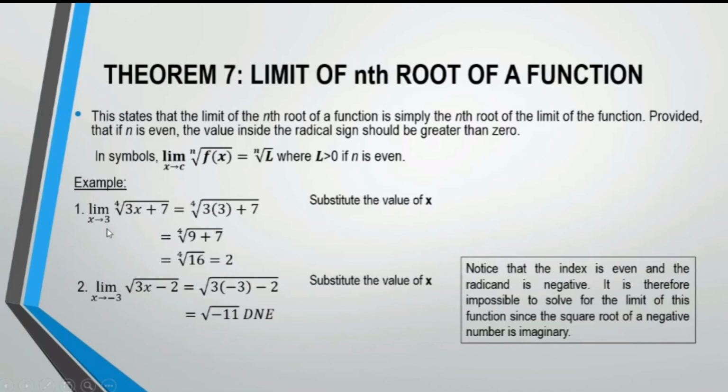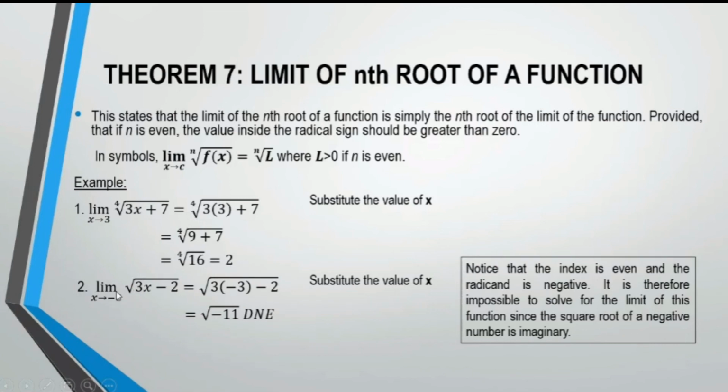Example, limit of the fourth root of 3x plus 7 as x approaches 3 is equal to the fourth root of 3 times 3 plus 7. Substitute the value of x, then the fourth root of 9 plus 7, then the fourth root of 16, and the answer is 2.